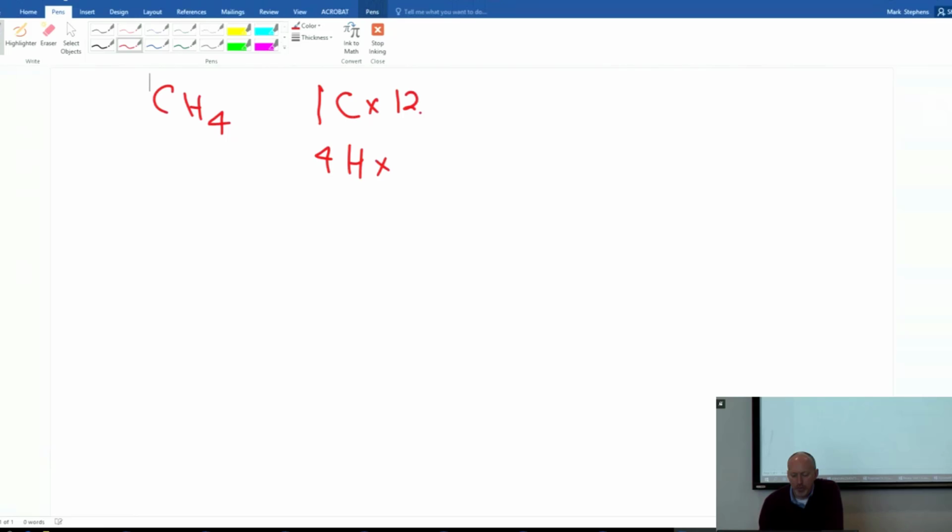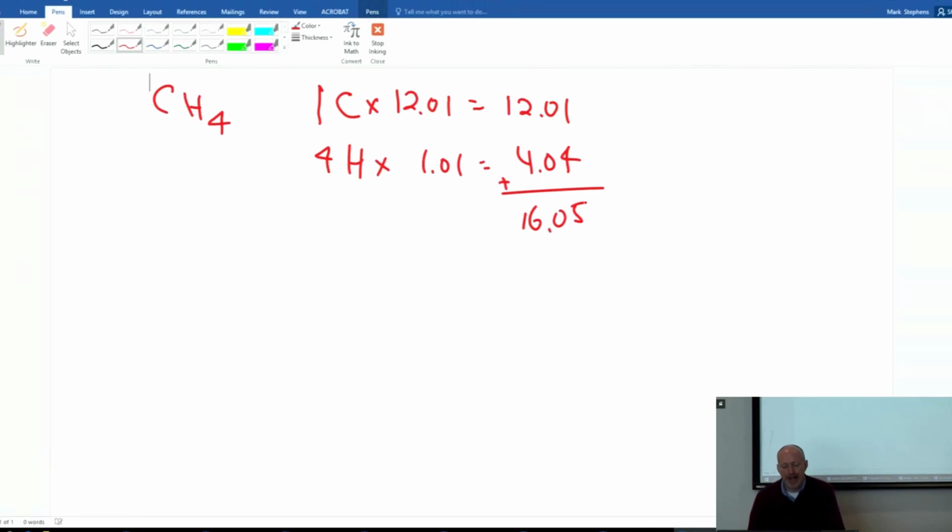Carbon is 12.01. Hydrogen is 1.01. Multiply those across. 1 carbon gives me a composition of 12.01. 4 hydrogens, I get a total contribution of 4.04. Add those together. I'm looking at 16.05 as the total contribution. And again, unit, either one is fine, amu, or grams per mole.